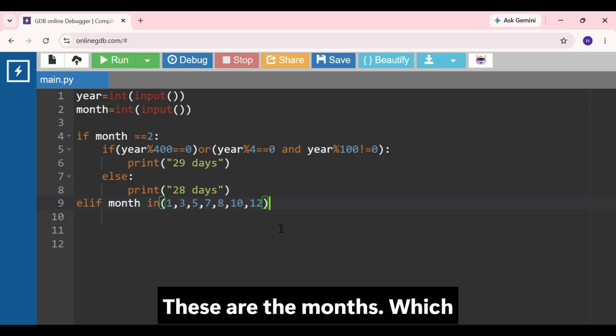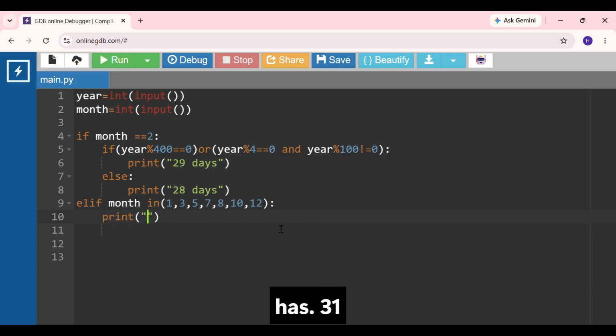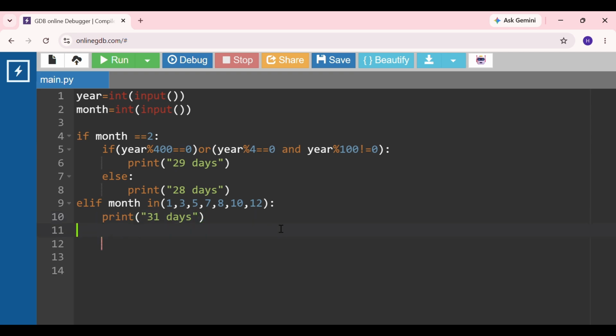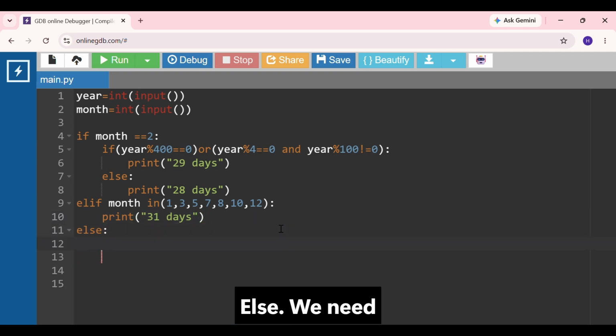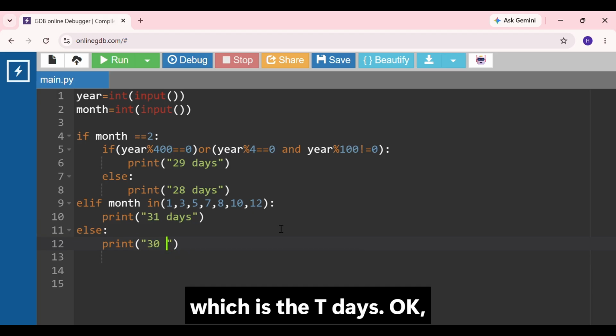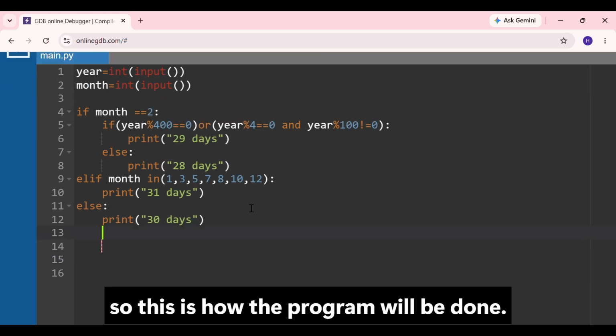These are the months which have 31 days. Else we need to print the default statement, which is 30 days. Okay, so this is how the program will be done.